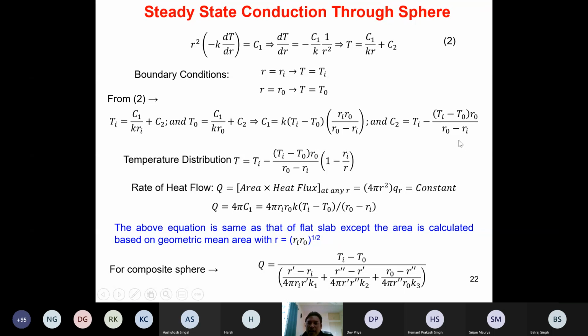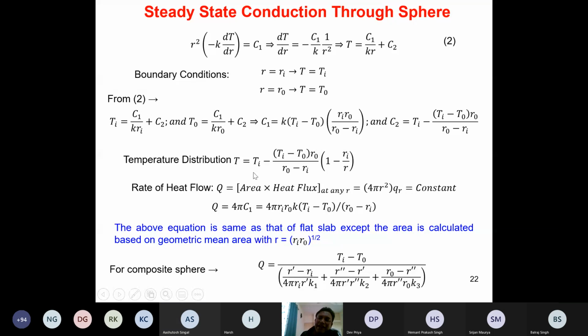We just have to put C1 and C2 in equation number 2 and check whether we are getting the same expression as this temperature distribution equation. Is it correct? Anyone? Yes, sir. Seems to be so. Okay.